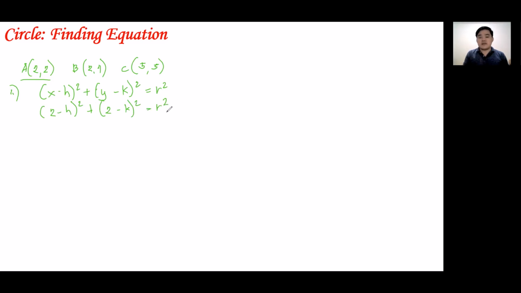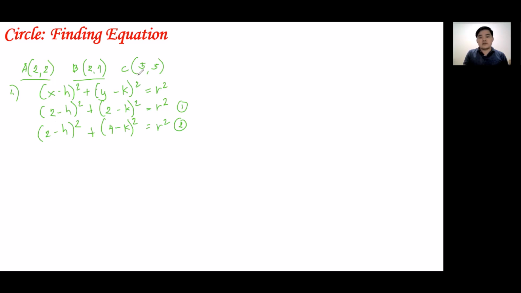Take note, we don't have any radius yet, right? Next one, how about if we have the point B? For the point B, let's just substitute x with 2 and y with 4. So that is (2 minus h) squared plus (4 minus k) squared is equal to r squared. This is our equation number 1, and this is our equation number 2.